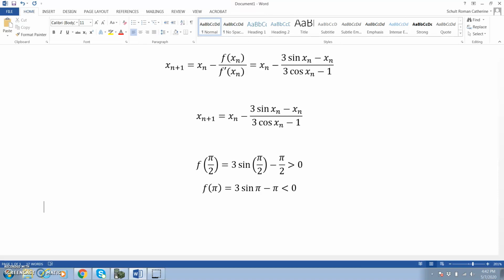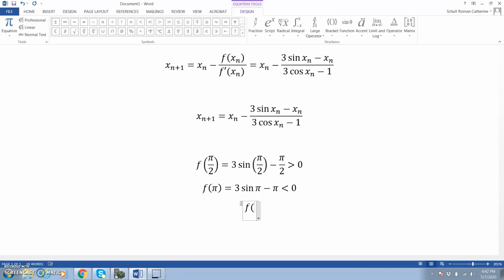And now we know that a root, okay, so let's start over. So now we know that f of pi is less than 0 is less than f of pi over 2. What is going on? There we go.